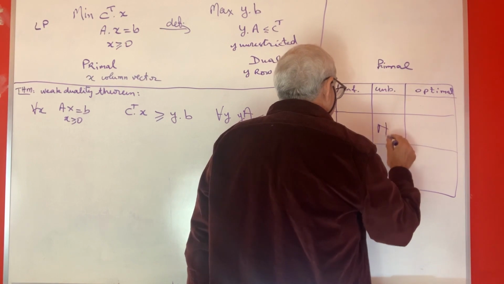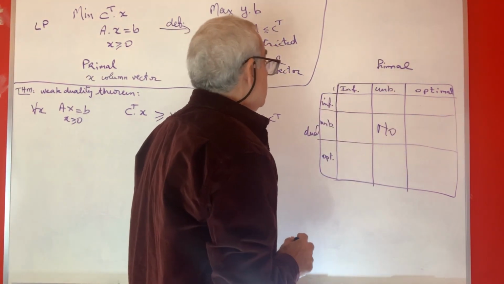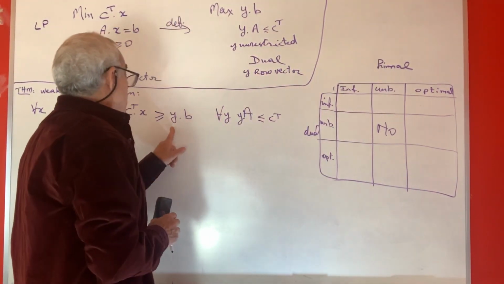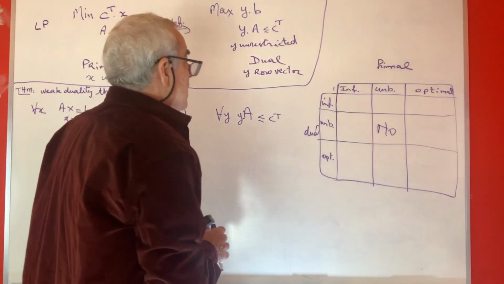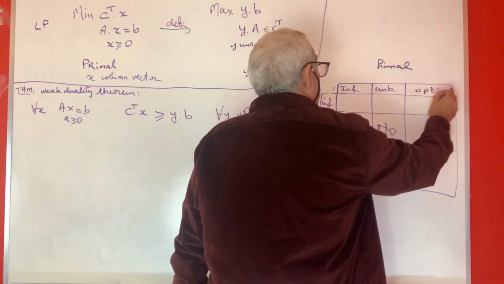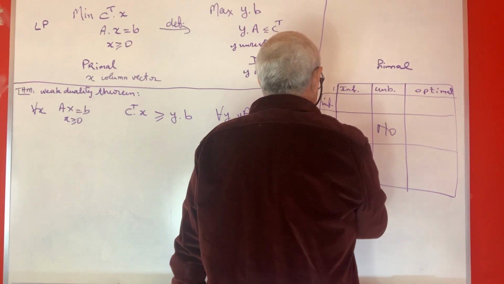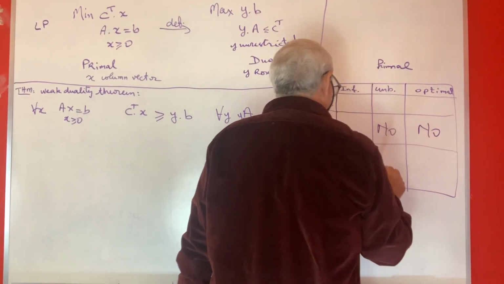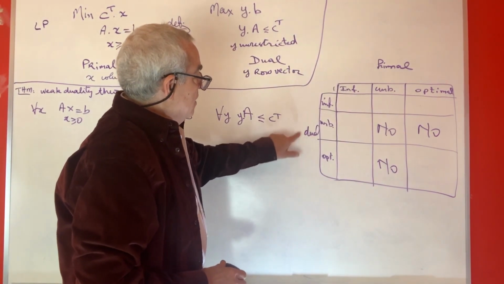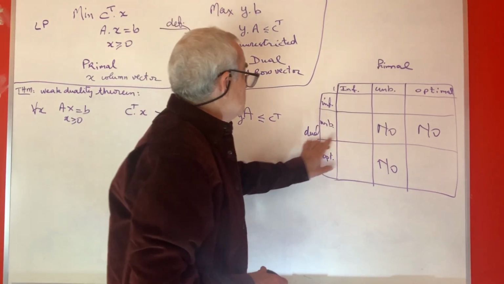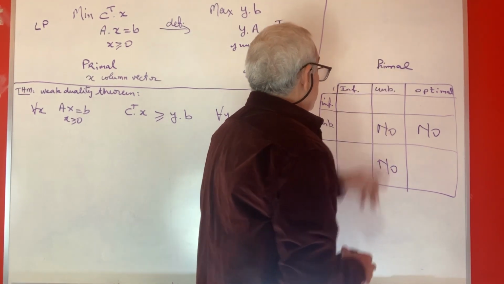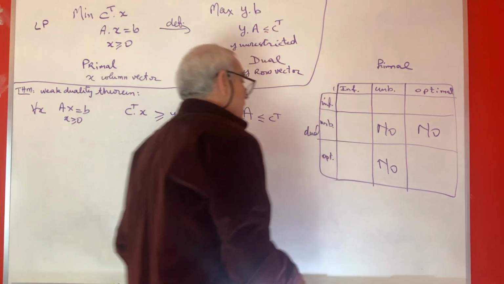So this is a no, because it represents a lower bound. And then if the primal is optimal, that means it has a feasible solution, then I cannot have a no here neither, because in these two rows the dual is feasible. So I cannot have unbounded here. And the same thing, this matrix is symmetric, so this is no also.